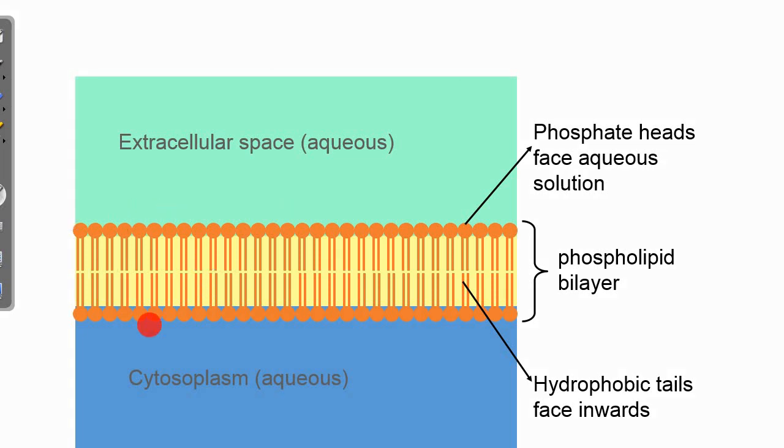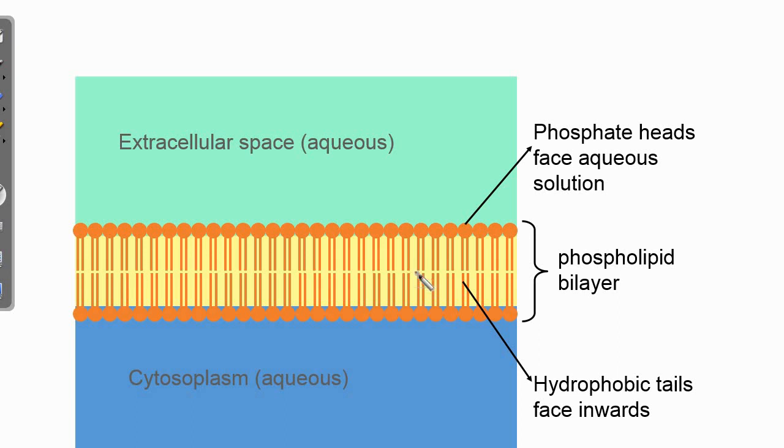It forms a bilayered structure where the phosphate head will be facing an aqueous part. Okay, and here also we have the cytoplasm, which is the aqueous part. So they are hydrophilic phosphate heads facing aqueous solution, and inside we have the tails.